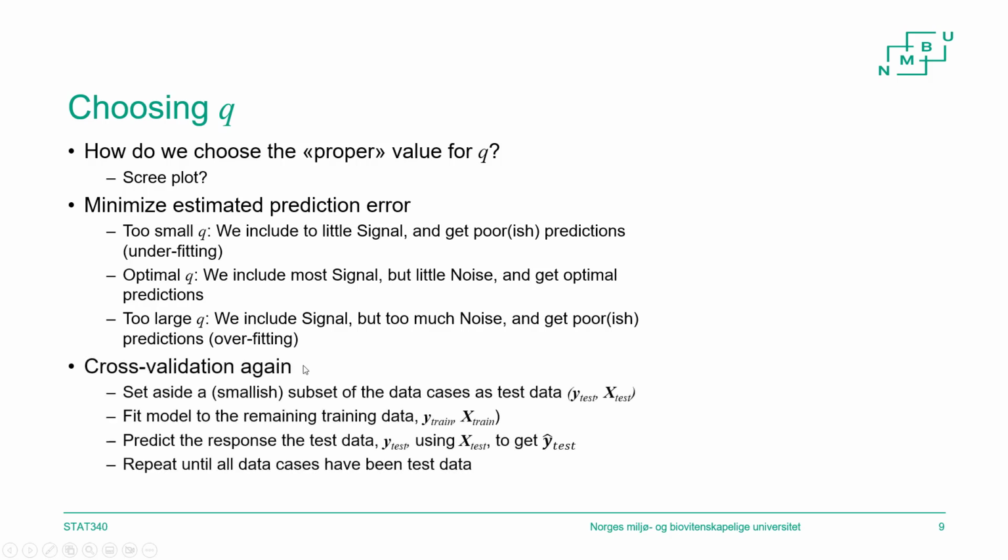So again, we use cross-validation like we saw last week when we used the lasso to find how much shrinkage we should use. Now we use it again to find the proper Q value instead. The idea is the same as before. Set aside a smallish subset of the data cases as a test set. Some rows of your data set are set aside, and then you fit your model to the remaining part, the training set, and then you predict the response of the test set using the predictors of the test set.